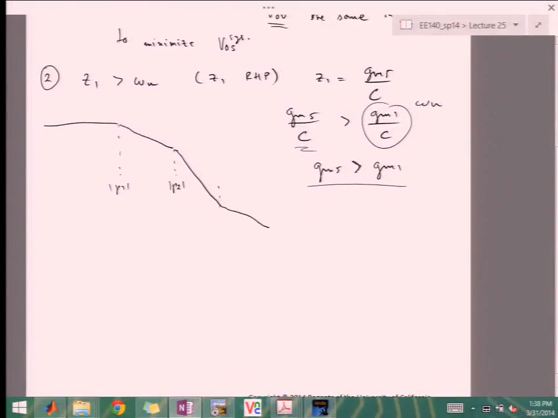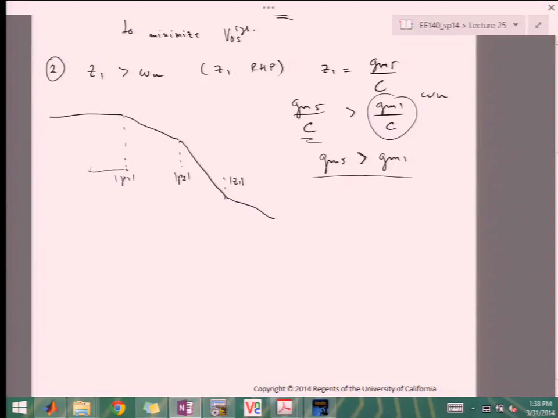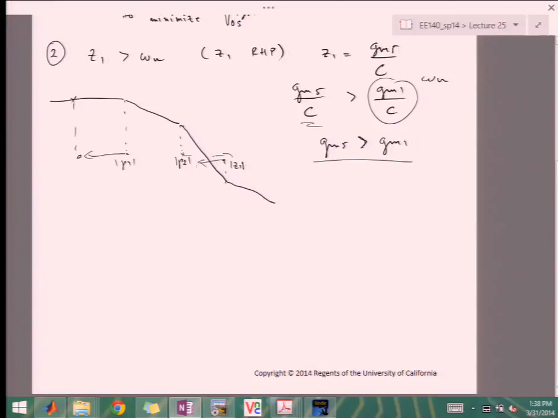Now, these are before compensation. With compensation, this pole would move this way, and this zero would move this way. So you may end up with a situation where your new zero is right here, and our new pole is somewhere here.